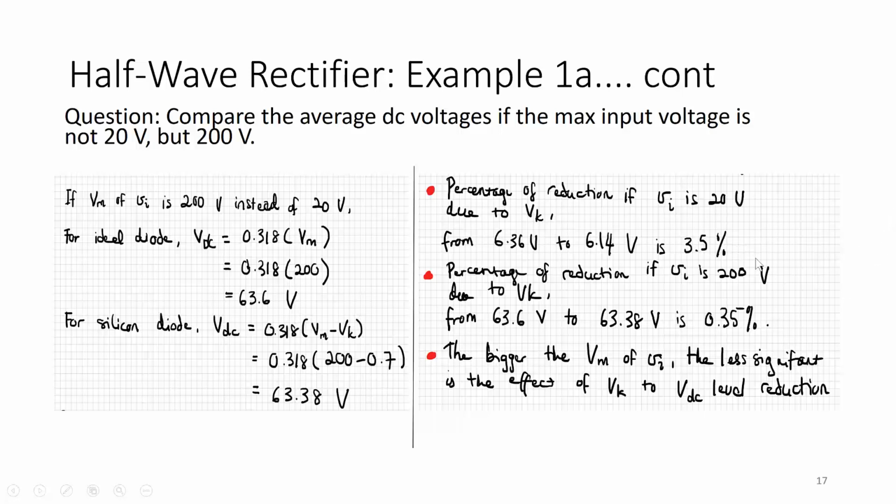But with an input voltage of 200 volts, the effect of the 0.7 volts drop takes it from 63.6 to 63.38, which is only 0.35%. So the bigger the value of Vm of Vin, the less significant is the effect of the voltage drop on the reduction of the average DC level.